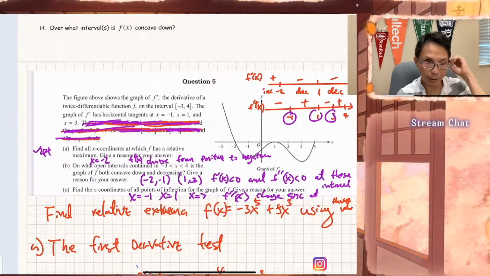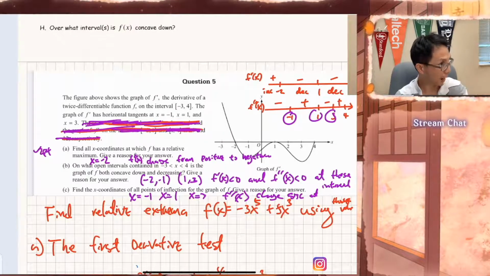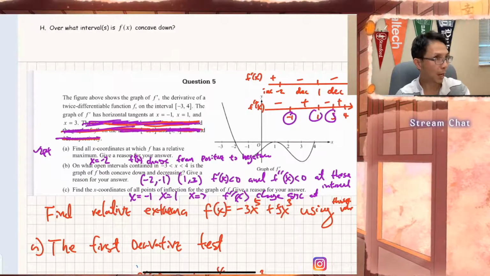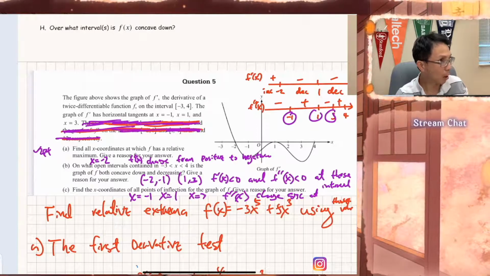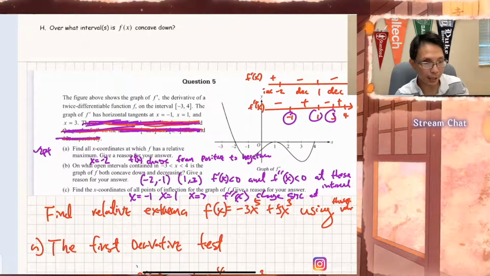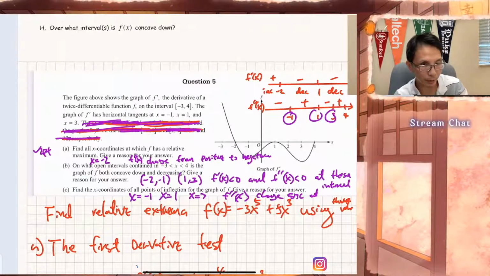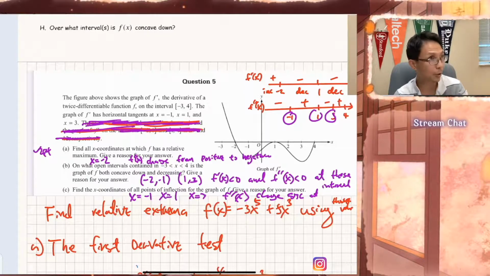F double prime equal to 0 does not mean they have changing concavity, because you could have positive, positive, positive, and then you have no inflection points at all. In this case, negative to positive is an inflection point, positive to negative is another inflection point, and negative to positive is another inflection point. So those are 3 points of inflection.